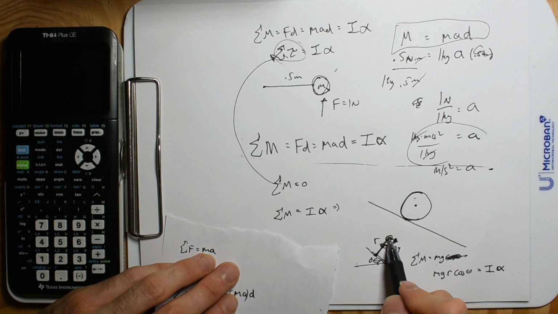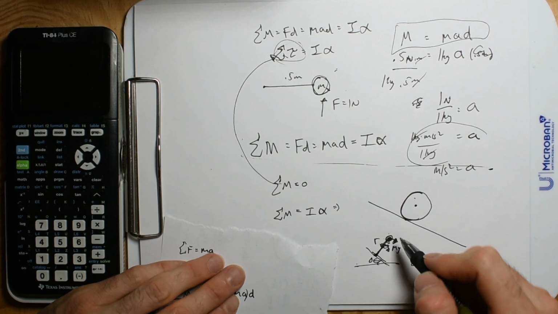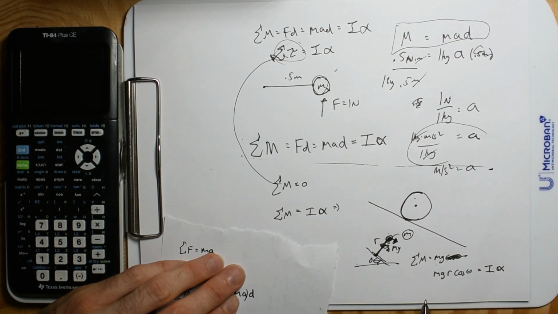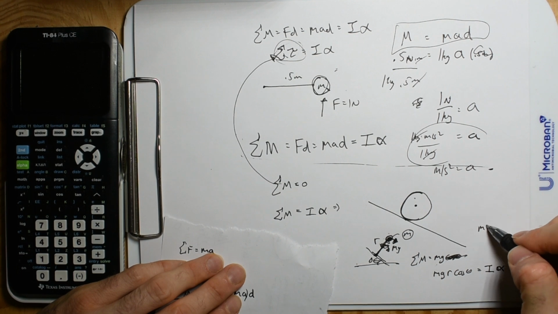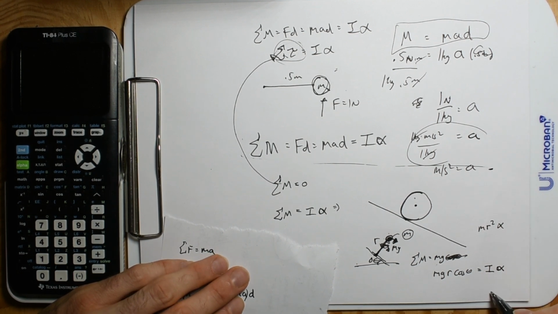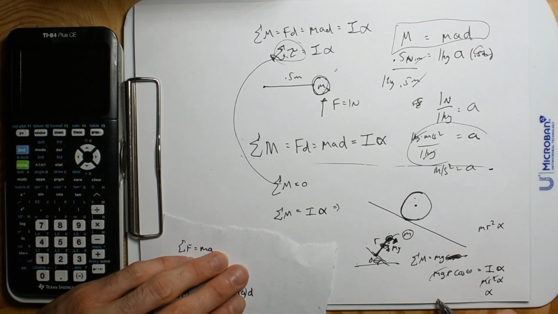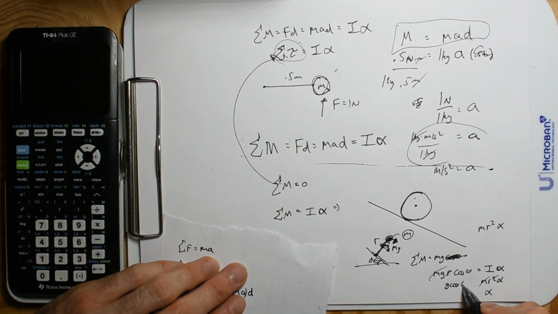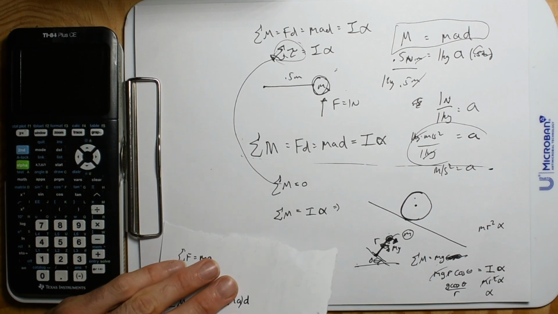And in this case, we can even take a circle and just say, well, let's put all the mass right there, and so we're going to have mr squared alpha. And yeah, masses will cancel, one of the radii will cancel, and we can find alpha is equal to g cosine theta divided by r. You know what I mean?